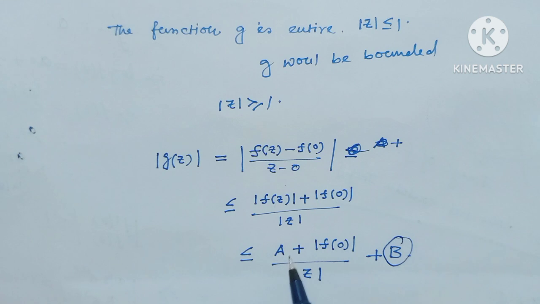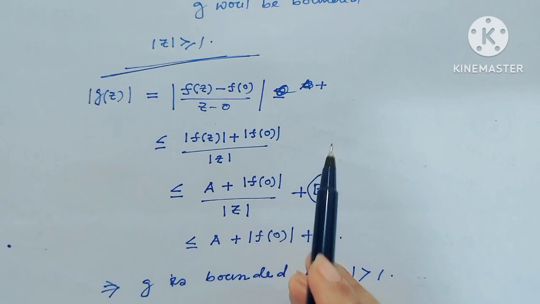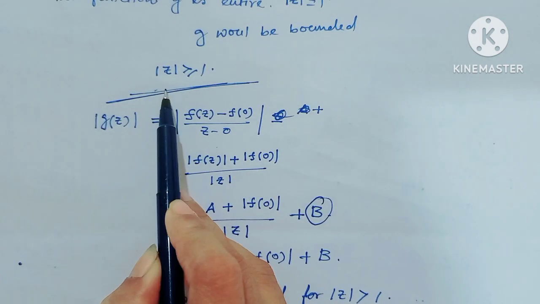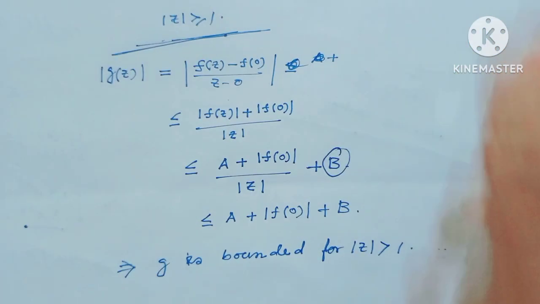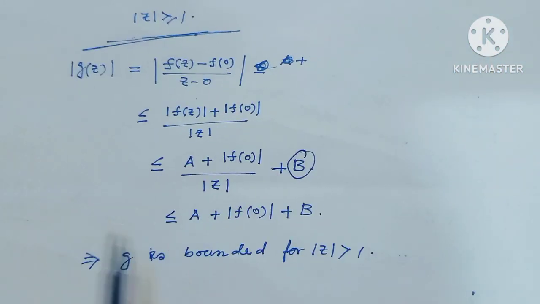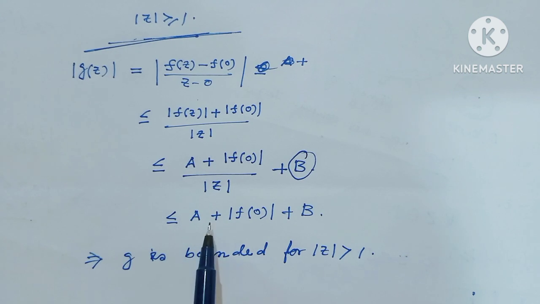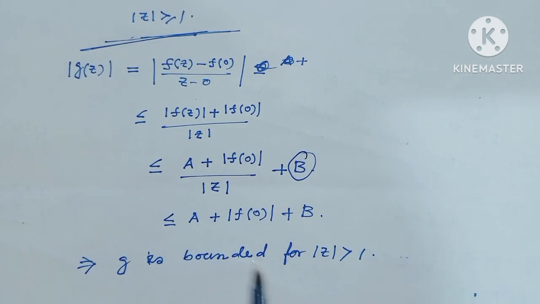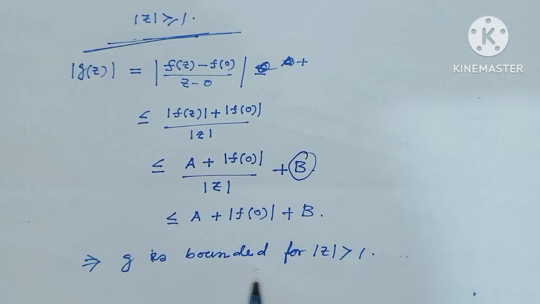That means this value is less than or equal to a plus mod f0 over mod z plus b. And since this is for mod z greater than or equal to 1, that means 1 over mod z would be less than or equal to 1. So this value is less than or equal to a plus modulus of f0 plus b.